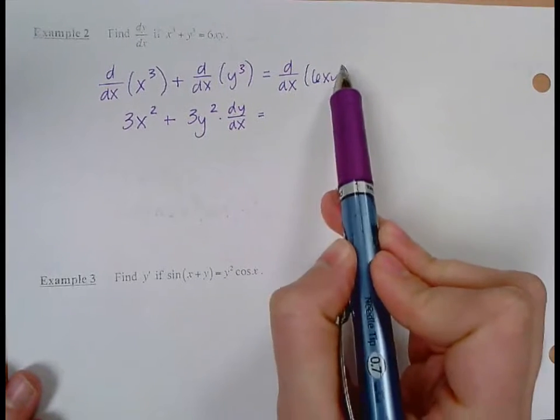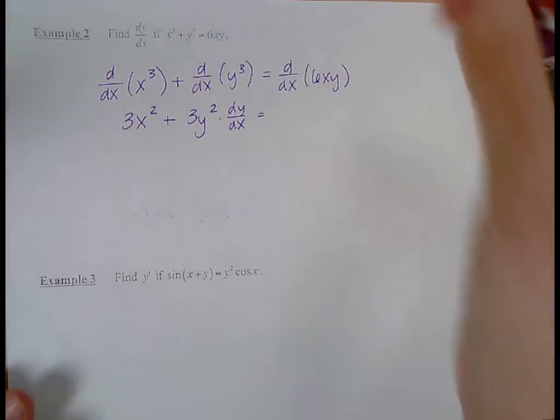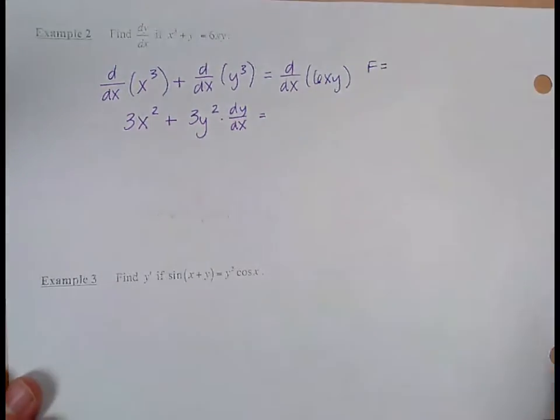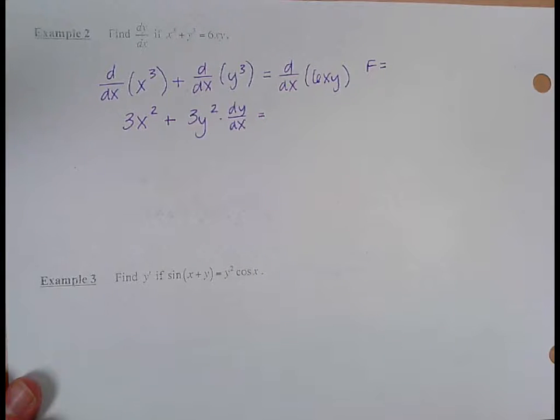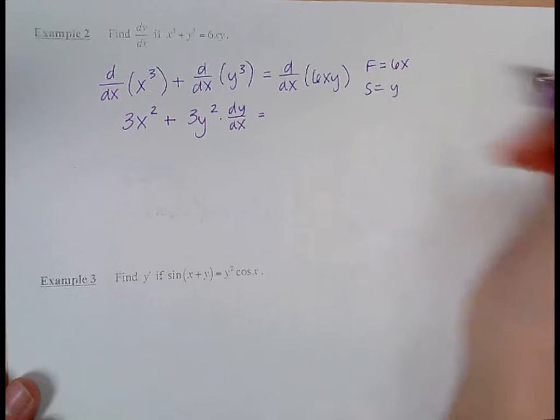Equals the derivative of 6xy. You need the product rule. Yes, you have a product. Okay, product rule still applies. So the 6 you can pair with either the x or the y. So I'll just say the first function is 6x, the second is y.